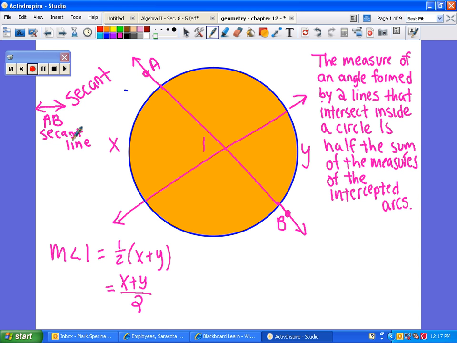Now, if it goes in one direction only, that's called a secant ray, because remember, a ray is a line that goes only in one direction. It starts out at a finite point and continues on indefinitely. And then finally, if you go just from A to B, that is called a secant segment.